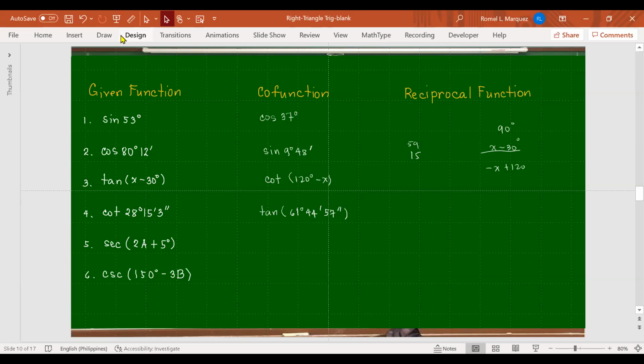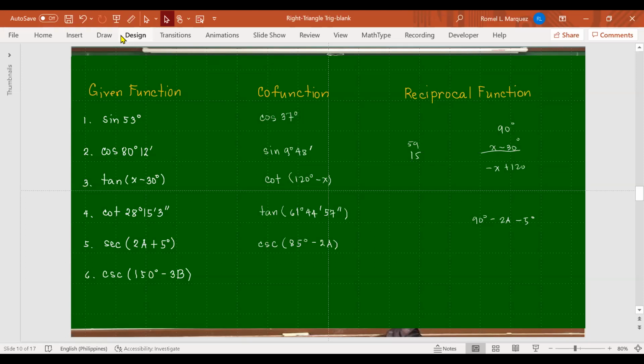What about secant? What's the cofunction, guys? Cosecant. But we have to take the complement of 2a plus 5. So 90 degrees minus 2a minus 5. What is that? 85 degrees minus 2a. Okay?